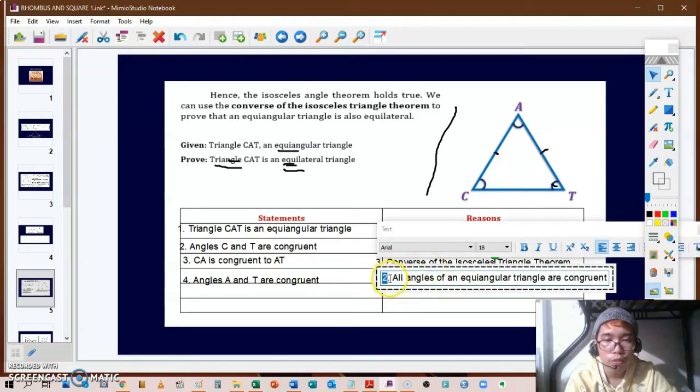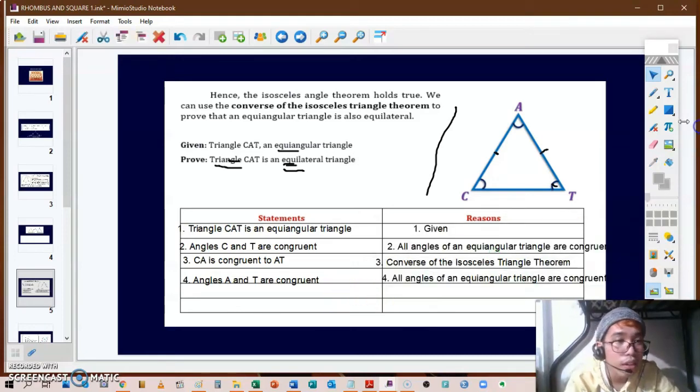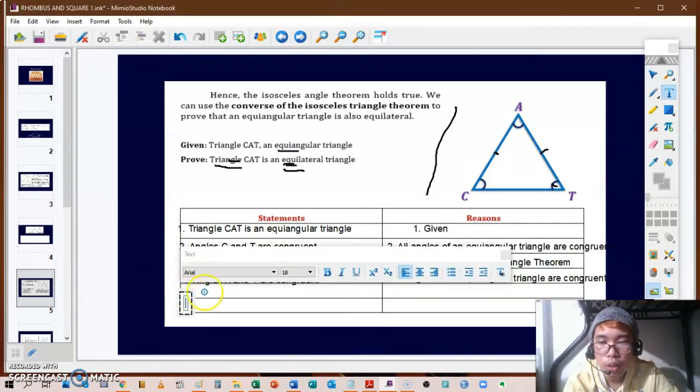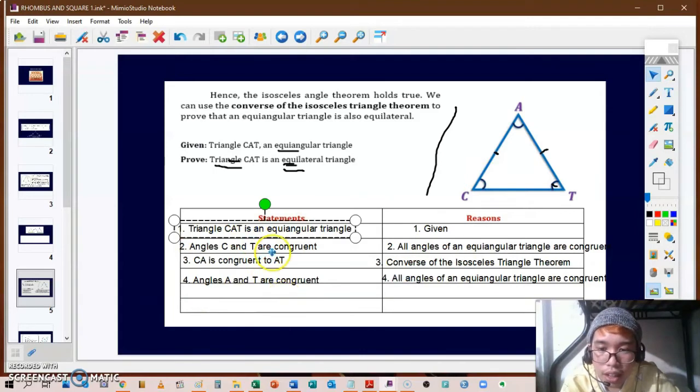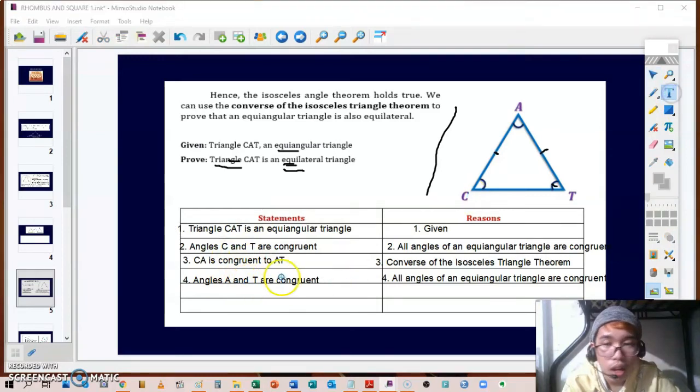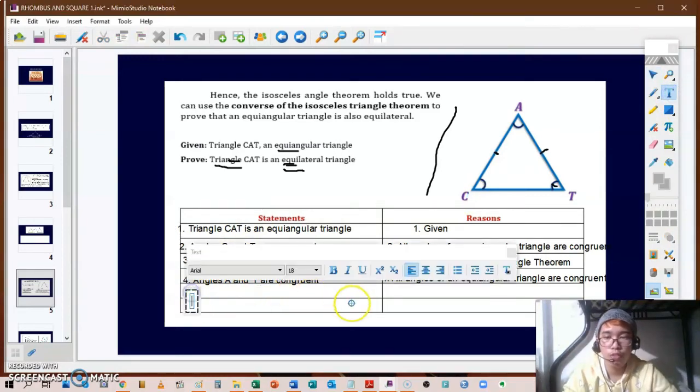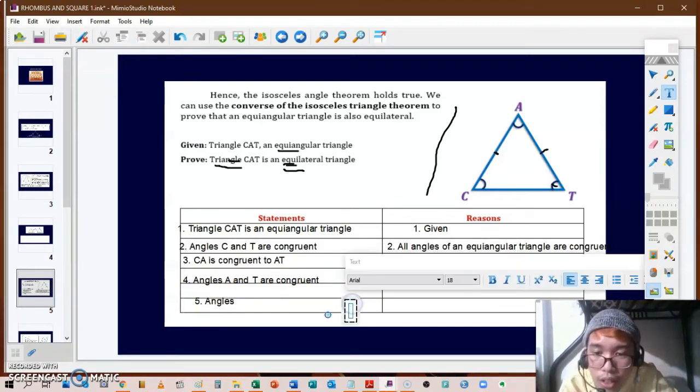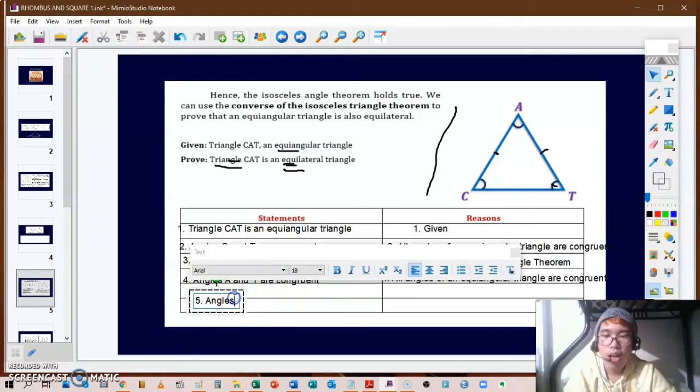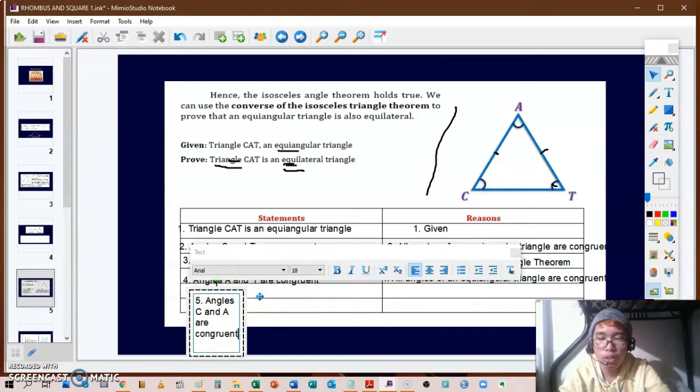And therefore, for number 5, since we've said that angle C is congruent to angle T and angle A is congruent to angle T, therefore, using the transitive property of equality, angles C and A are congruent to each other.